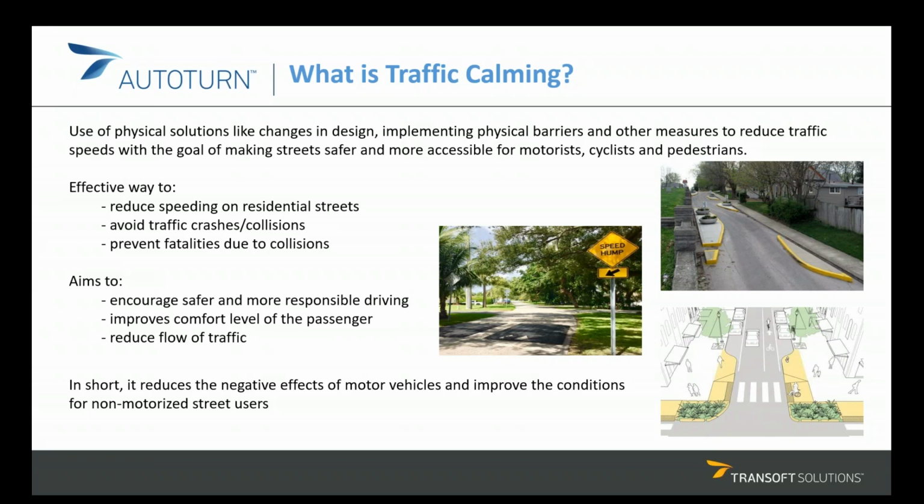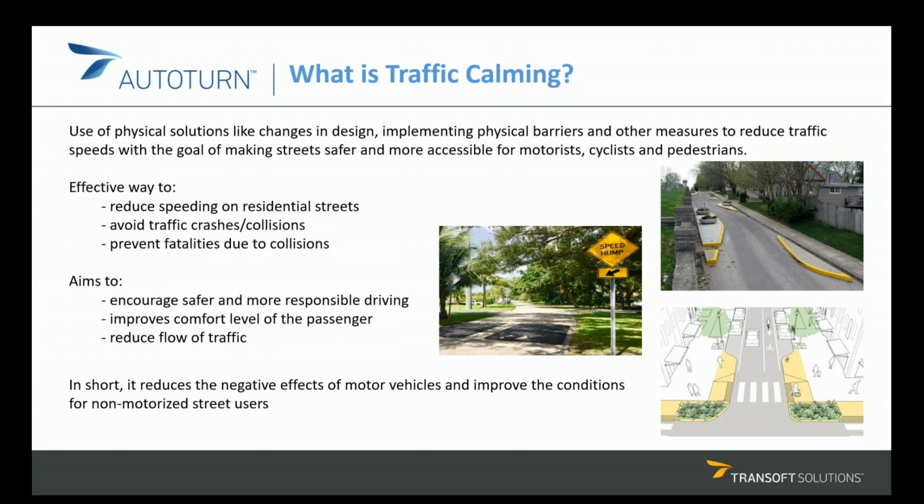So traffic calming has been proven as an effective way to reduce speeding on residential streets, and it has also been found to avoid traffic crashes or collisions, and also prevent needless fatalities due to these collisions. Traffic calming, in general, aims to encourage safer and more responsible driving.